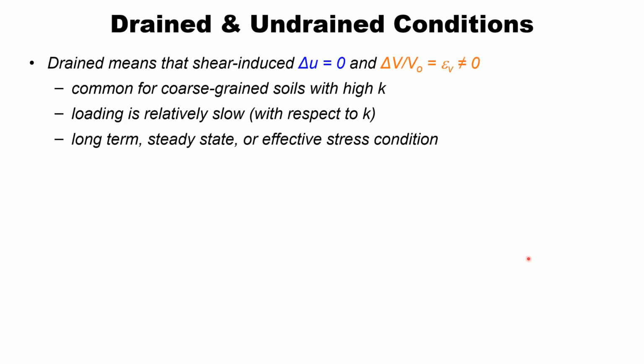Now, the next concept I want to cover is this drained versus undrained concept. Drained does not mean that there is no water in the soil. It simply means that there are no excess pore water pressures in the soil. It means that any shear-induced or volumetrically induced excess pore water pressures that may have developed have now dropped back down to zero. They have dissipated.